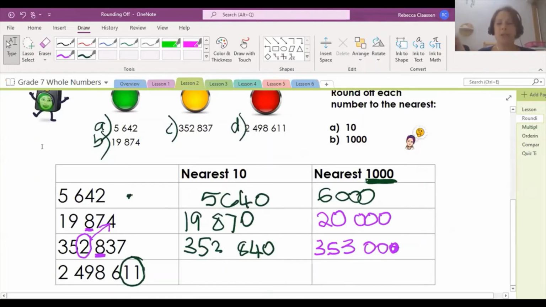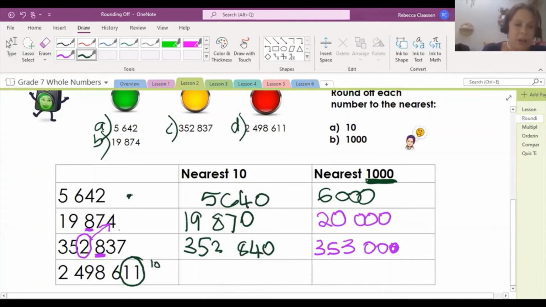Okay, so if we had to put 11 on a number line, is that 11 closer to 10, or is it closer to the next 10, which would be 20? Okay, and if you think about a number line, if you look at a ruler, 11 is definitely closer to 10, isn't it? Okay, so we're going to round it off to 10.